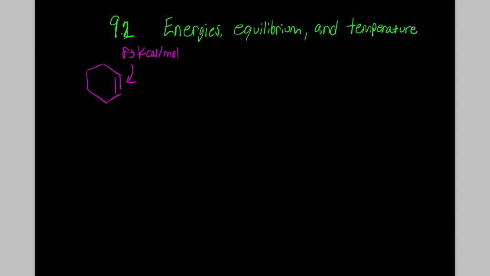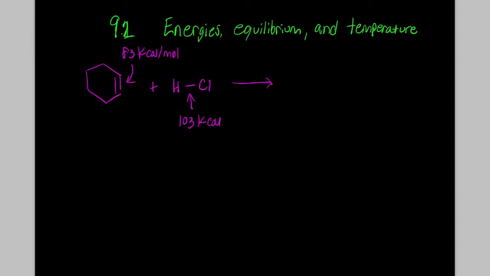Klein is an old school textbook, so we're using kilocalories rather than the recommended metric joules here. That doesn't count the single bond as well. It's only the double bond that's breaking here. Then if we react this with HCl, this sigma bond is worth 103 kilocalories per mole. I'll just leave the units off from now on.